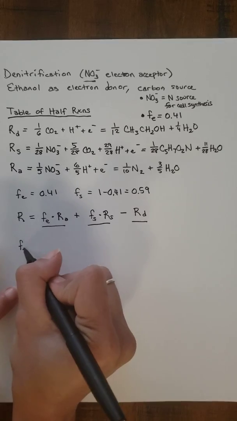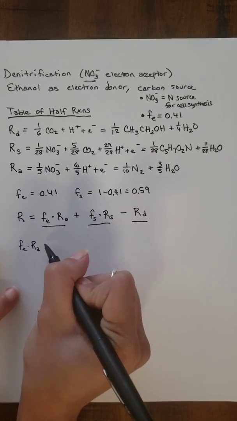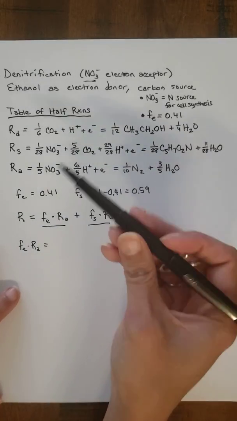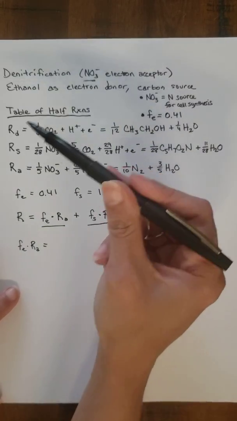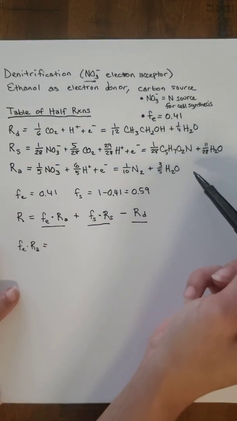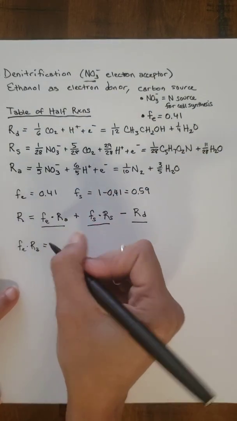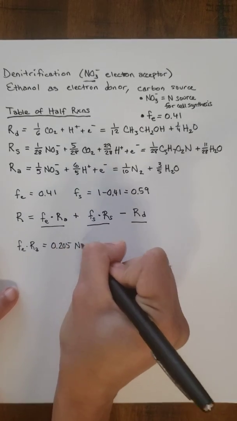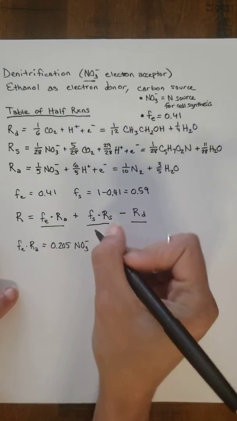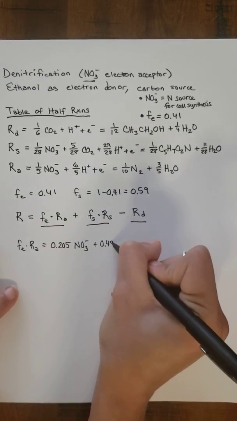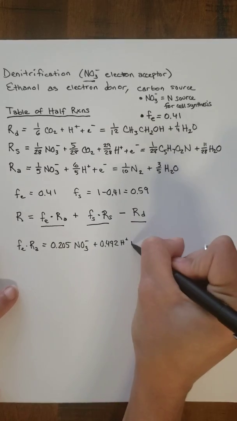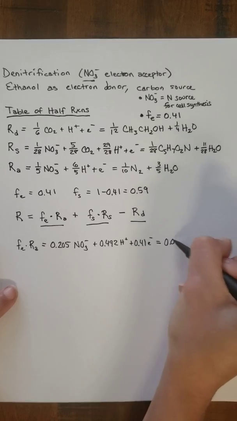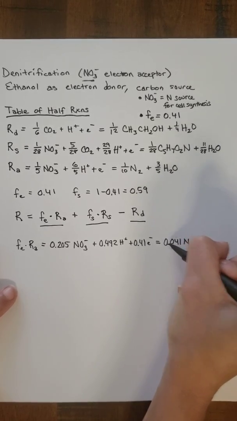So we'll do fe times Ra, and this is basically just taking this 0.41 and multiplying by this Ra equation right here, and we should get something like this: 0.205 nitrate plus 0.492 proton plus 0.41 electron goes to 0.041 nitrogen.